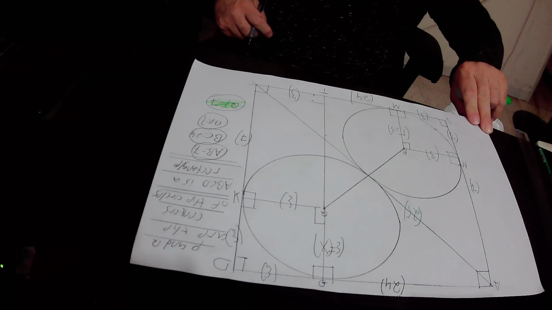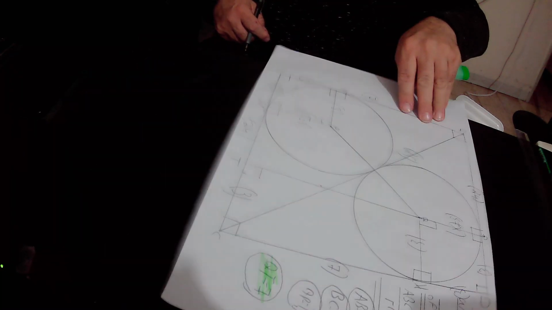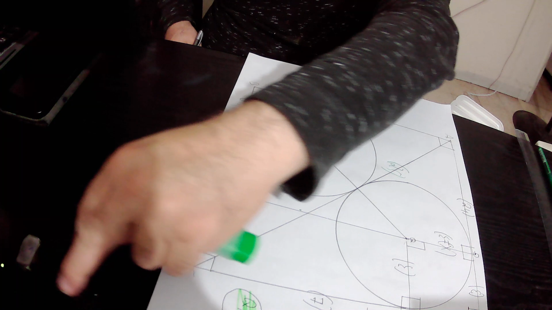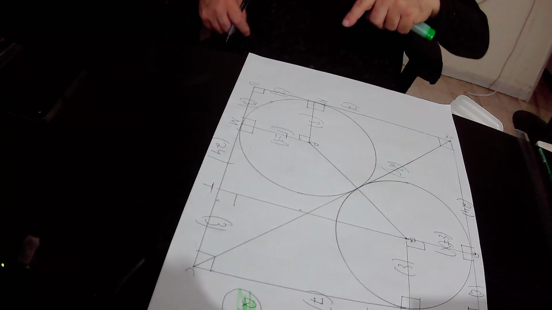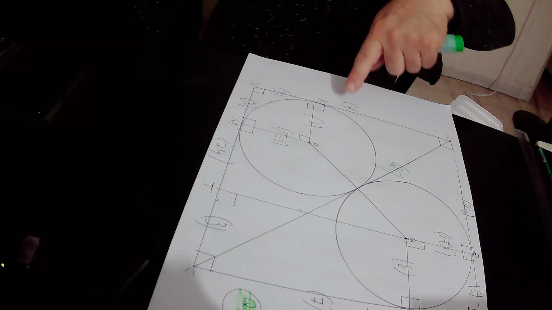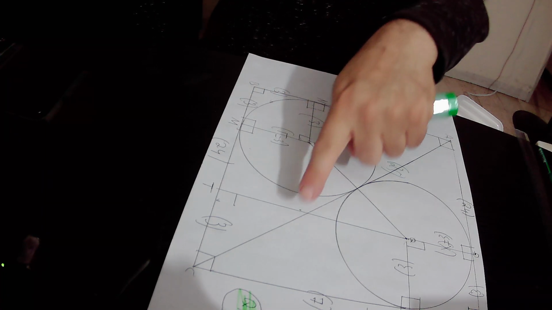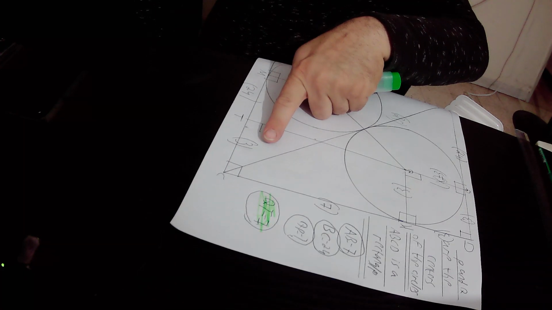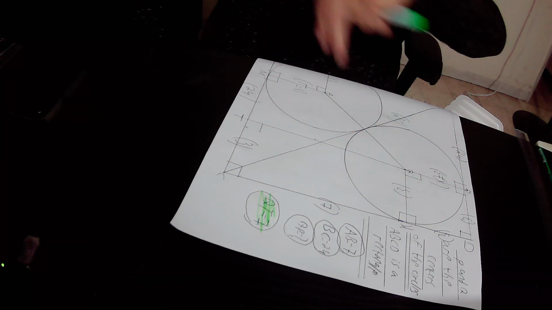In the next step, we will extend the radius NP of this circle, that is equal to 3 units, by a straight line until it touches side DC of this rectangle ABCD.